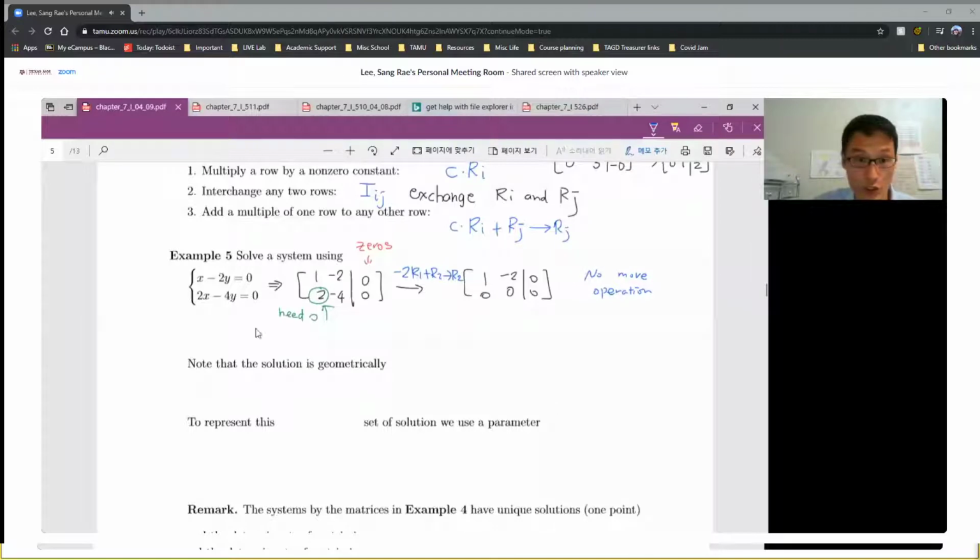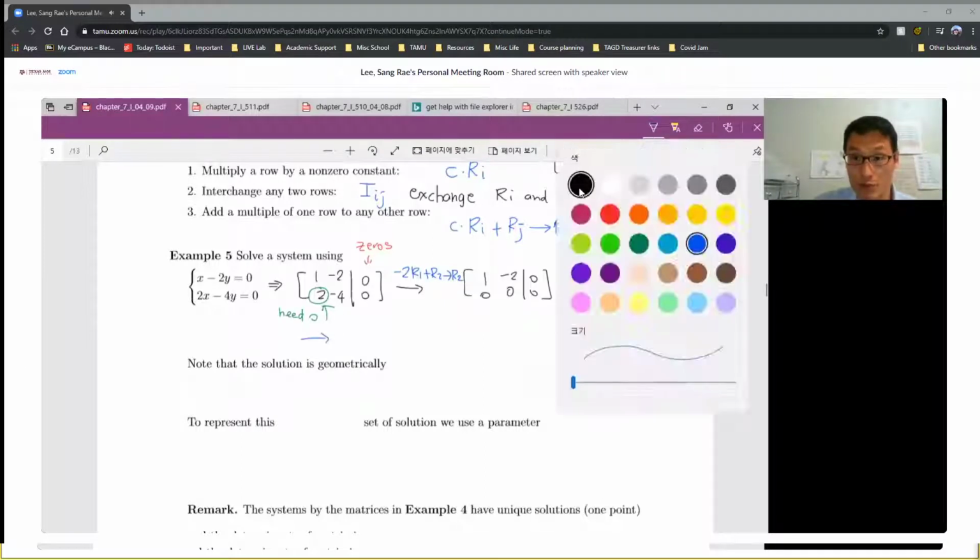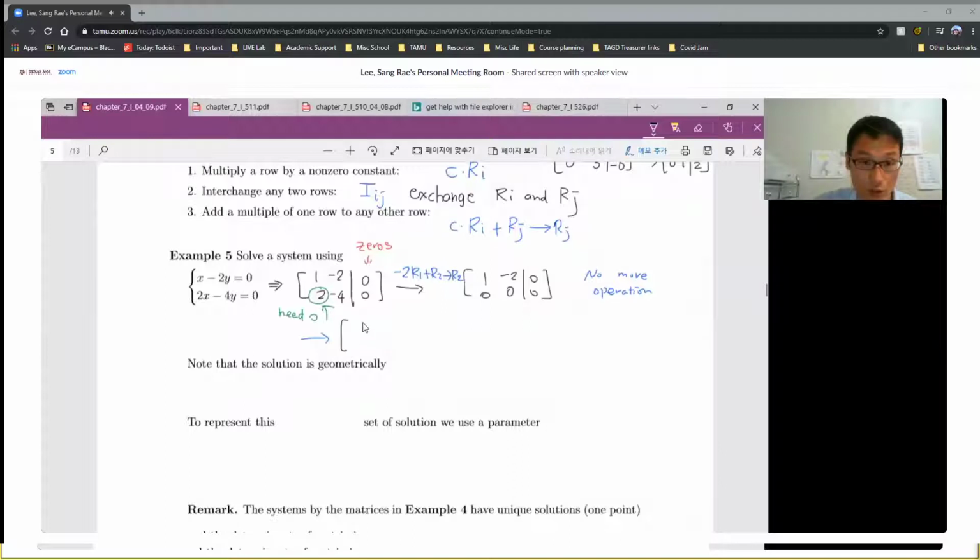And then we interpret this by using x and y. So you put x and y back into this system.